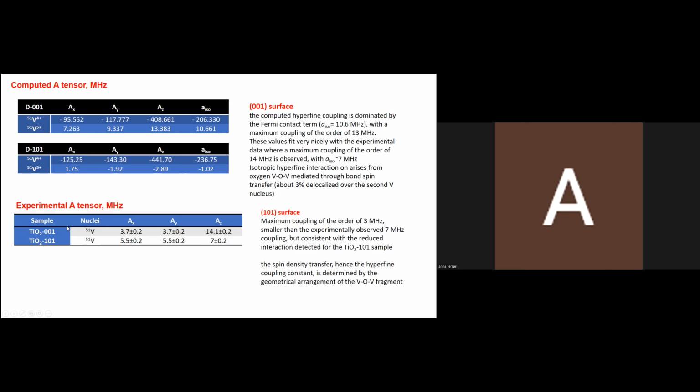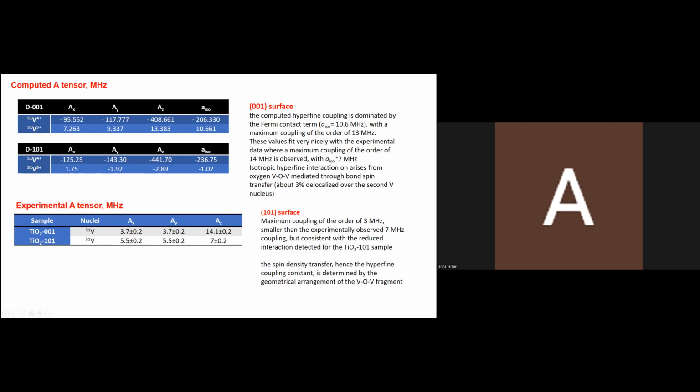Less satisfactory is the case of the 101 surface, because we have computed 1, 1, 2, against experimental 5, 7, so it's much larger. We try to understand what could be the reason. But first of all, one other observation is important.